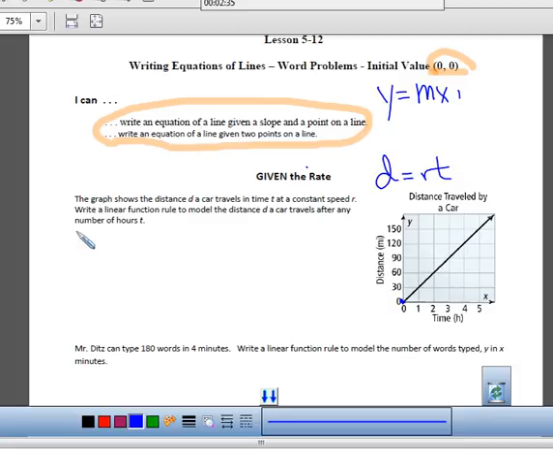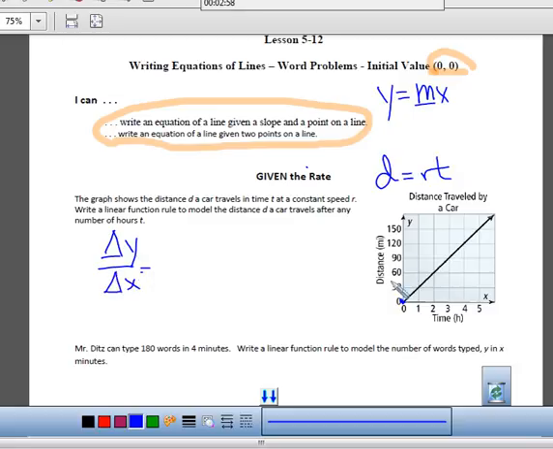Now, if you want to think of y equals mx instead, finding m is probably going to make the most sense here. We're going to find m, which is the change in y over the change in x, our rate.